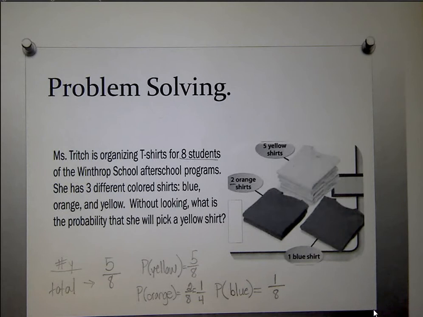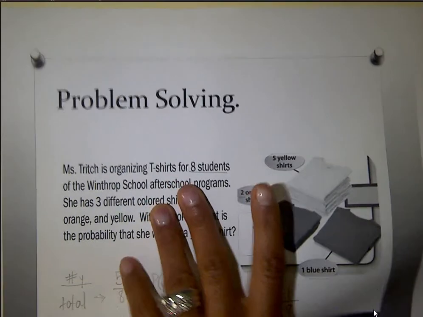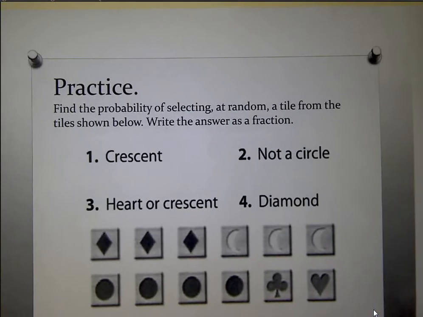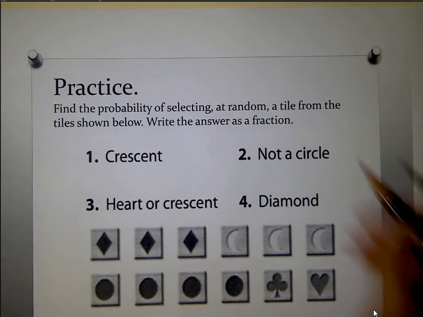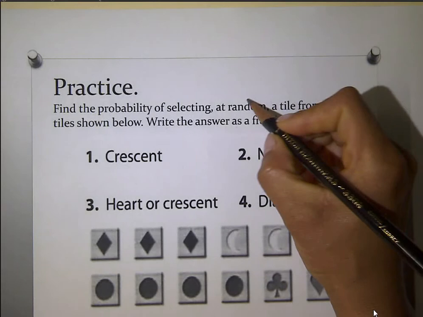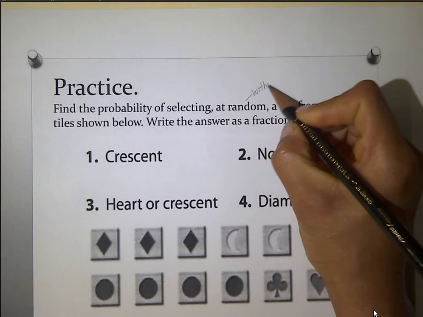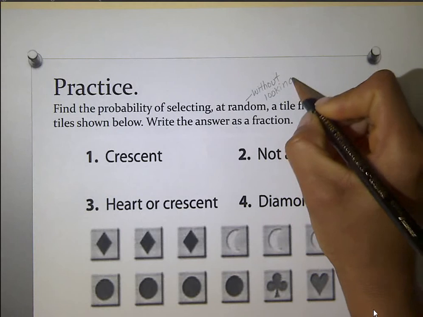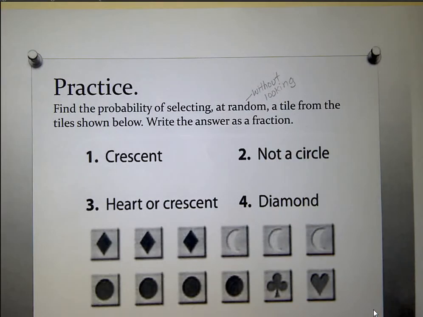So let's see what that looks like with some of our shape tiles. Find the probability of selecting at random. At random means without looking. A tile from the tile shown below.